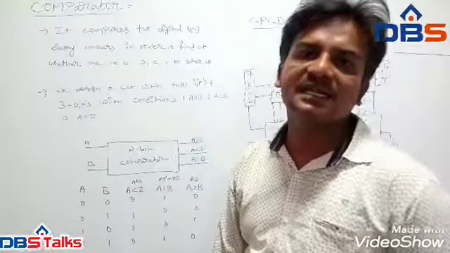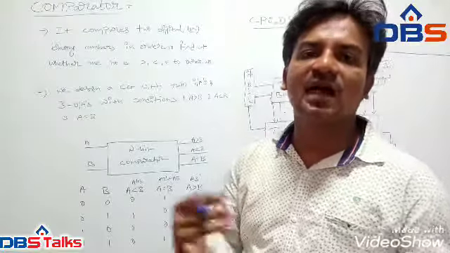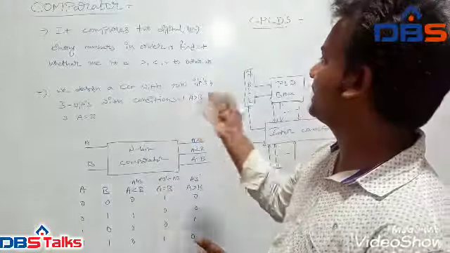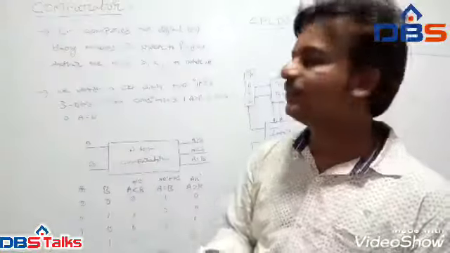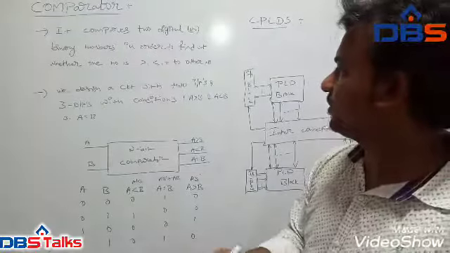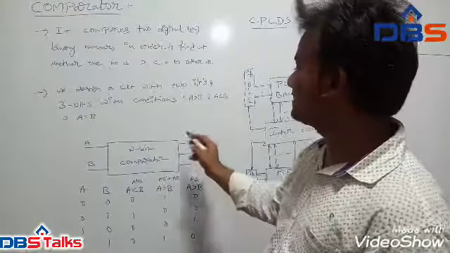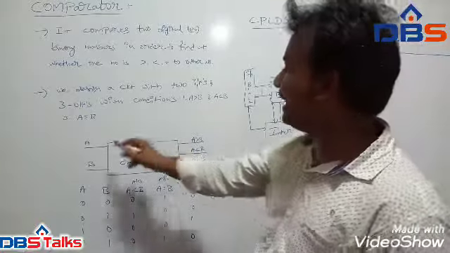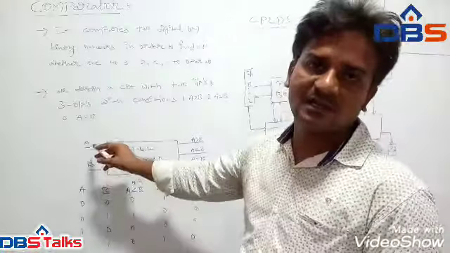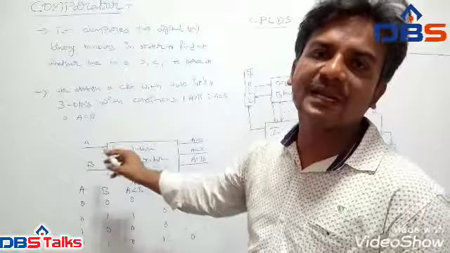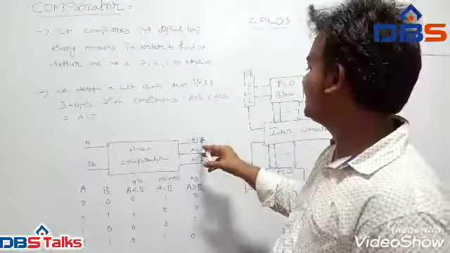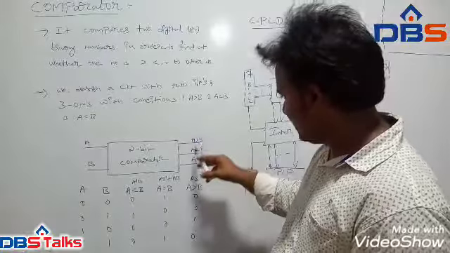So digitally we have to design a specific circuit that consists of two inputs and three outputs. The outputs indicate whether the two applied binary numbers are in the equal condition, the greater than condition, or the less than condition.